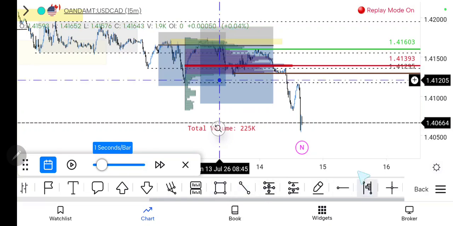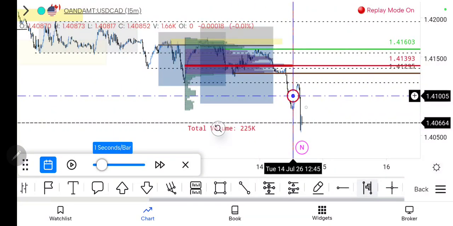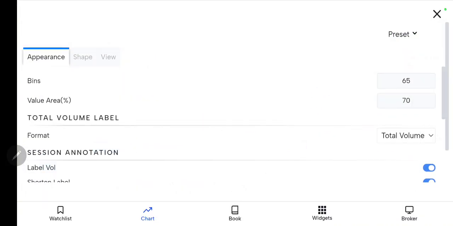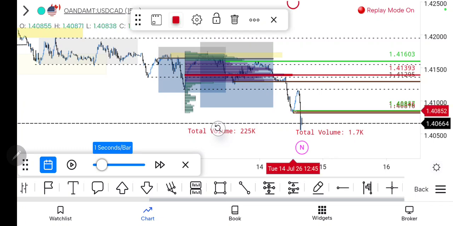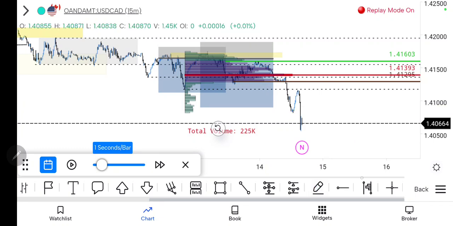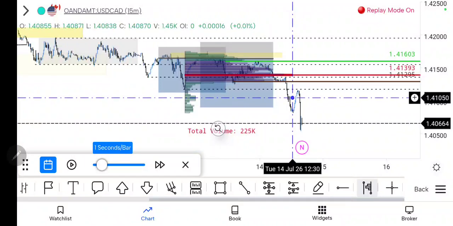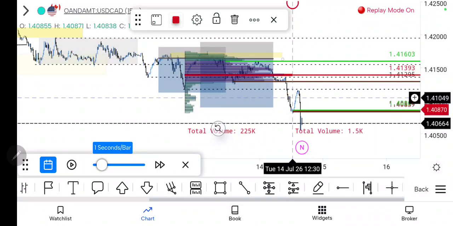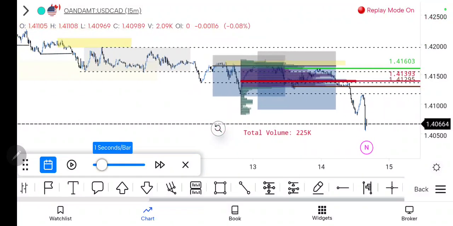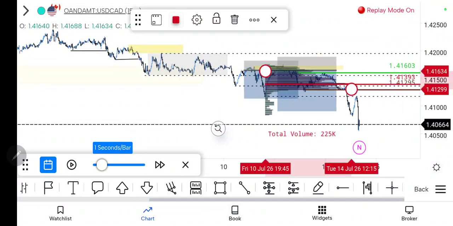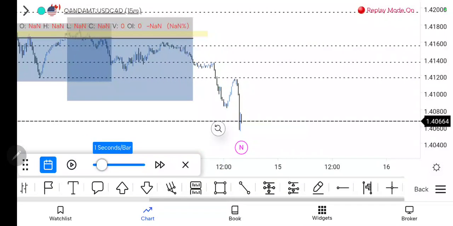You come here, grab your profile, then you mark the level. So we have this level right here. Sorry, let me first zoom in.